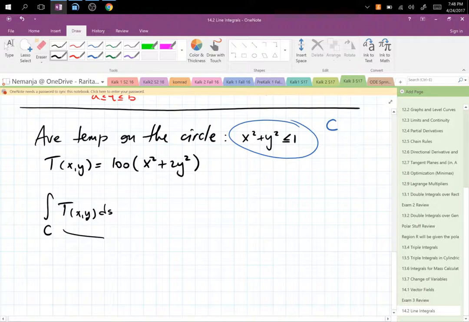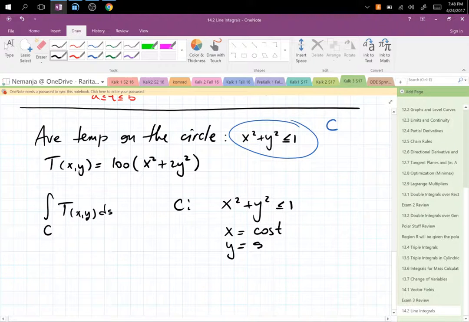So I need this parametrization here. So if C was x squared plus y squared less than or equal to 1, then I can parametrize this with x equals 1 times, I don't need the 1, right? So cosine t, and then y equals sine t, and t goes from 0 to 2 pi to have the entire circle. I want the whole circle. Maybe I should underline that and say whole circle.